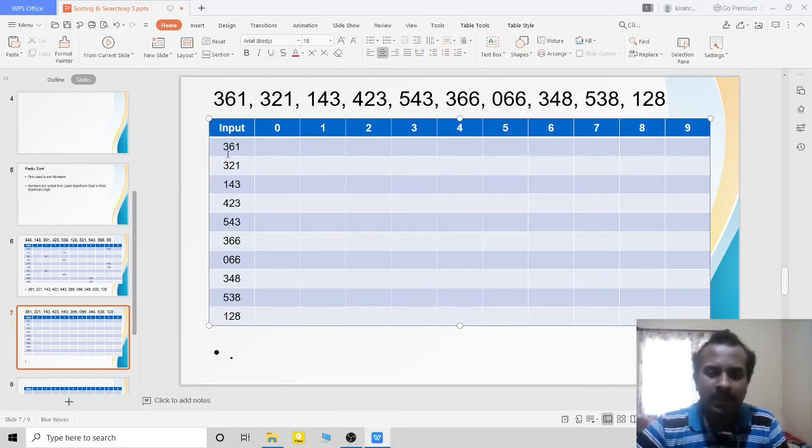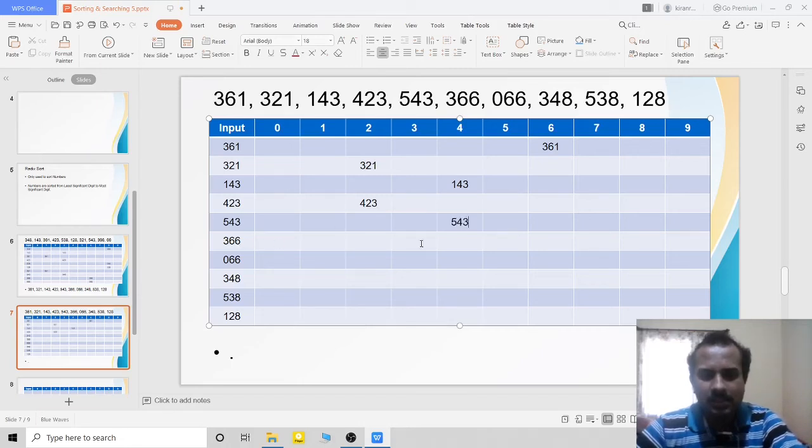Now you have to check the 10th place number. So 361, 10th place is 6. So I'll write it under the 6. Now 321 will come under 2. Then 143 will come under 4. Then 423 will come under 2. Then 543 will come under 4.